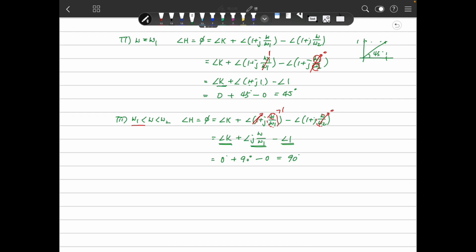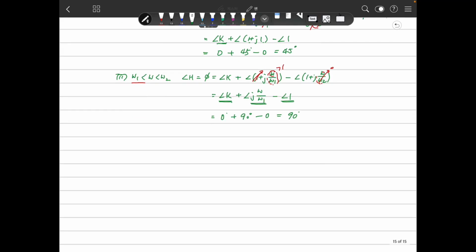And then we have the assumption that omega 2 is much larger than omega 1. And number 4 is when omega is the same as omega 2. Then H is K plus 1 plus J omega 1 omega, minus 1 plus J omega 2 omega here. We insert omega 2 here and here. Then this is a 1, and this is very large compared to omega 1, so we can ignore this 1.